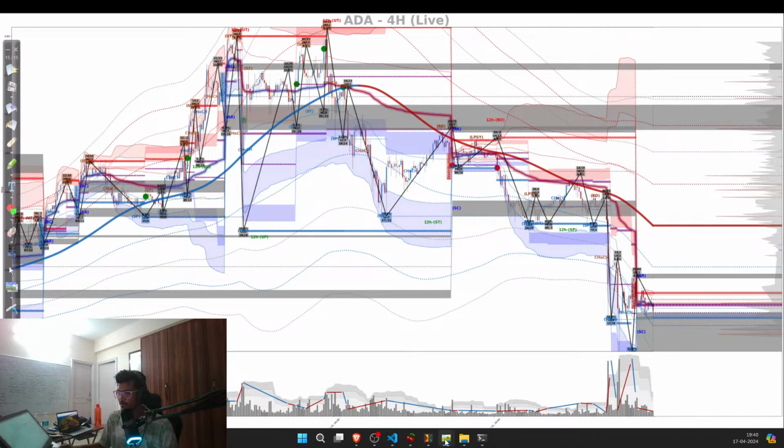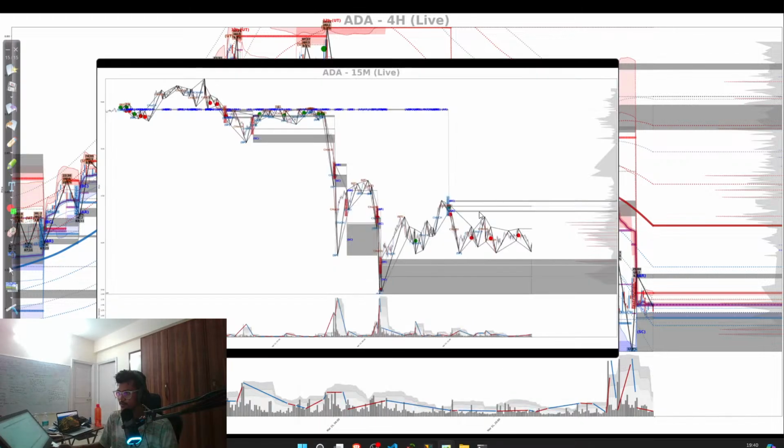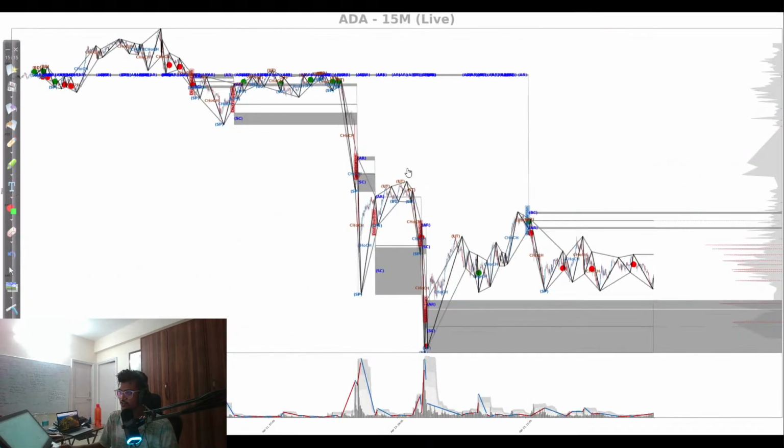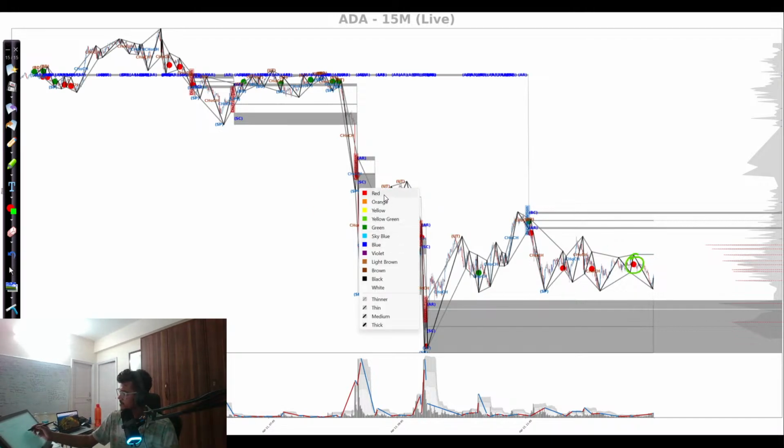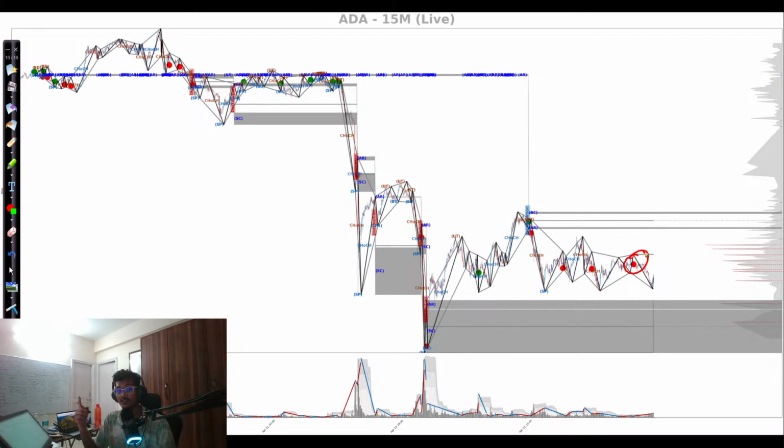What's happening on the 15-minute? The 15-minute says to go short there, when the move actually began. This is why I thought, in the New York session I'm gonna trade and do analysis, but I think the market goes on for the whole session.